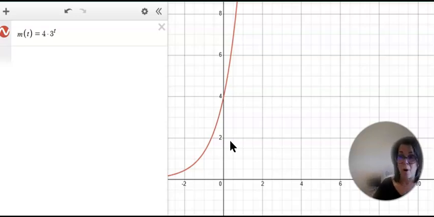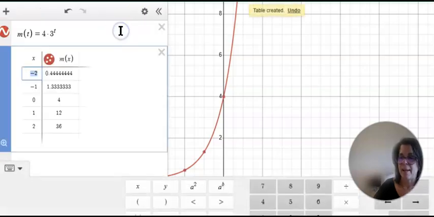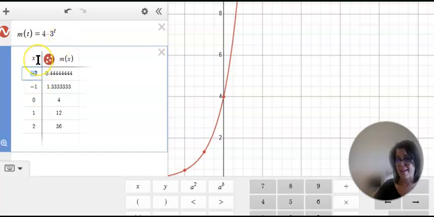While we're here, I want to show you how you could look at a table. So if you click the gear, you'll see a table option pops up. Create table, and look what you have. Desmos gives you x values, which is t, by the way. I wish it would write a t up there, but it doesn't. And y values, which in this case is m of t. Like I said, it's a little confusing. It knows that x and t represent the same thing. I wish it was more consistent.